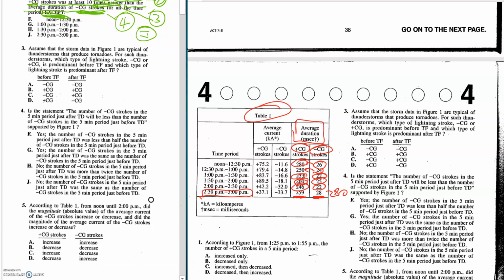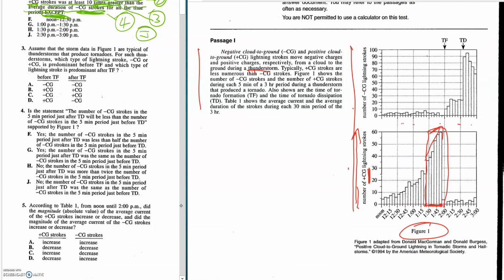Assume that the storm data in figure 1, okay, we've got to come back to figure 1. Right, figure 1, assume that the storm data in figure 1, so that's going to be step 1, is find figure 1, are typical of thunderstorms that produce tornadoes. For such thunderstorms, which type of lightning stroke, negative CG or plus CG, is predominant before TF, I don't know what TF is, but hopefully I don't need to know, and which type of lightning stroke is predominant after TF.